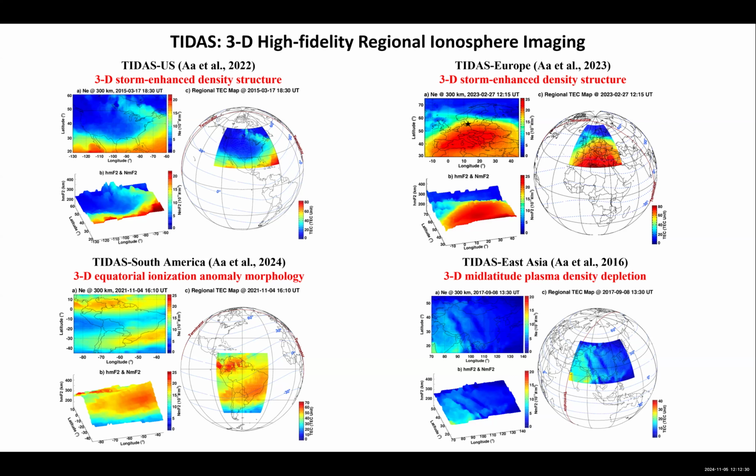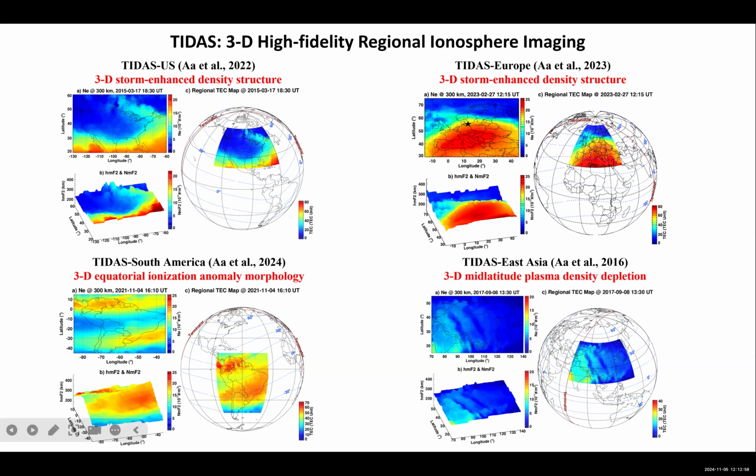For example, over North America and Europe, it's the mid-latitude and the subaurora ionosphere. We can observe the storm-enhanced density plume. For example, here, panel A shows the electron density distribution at 300 kilometers. Panel B is the F2 region peak height and F2 region peak density.